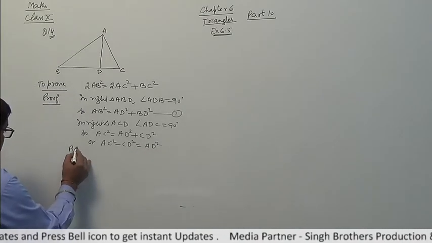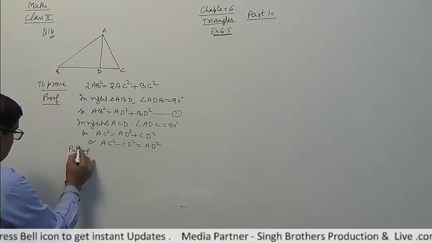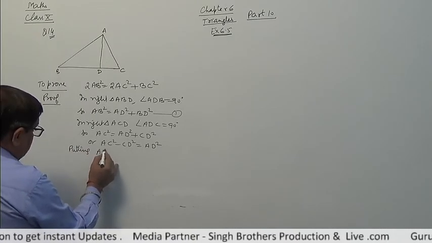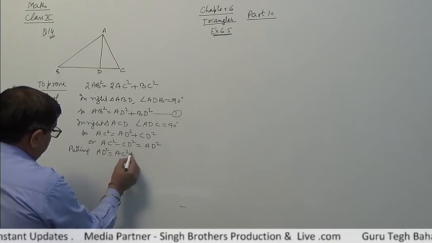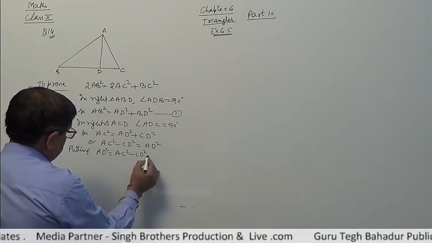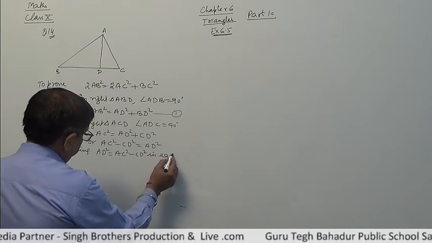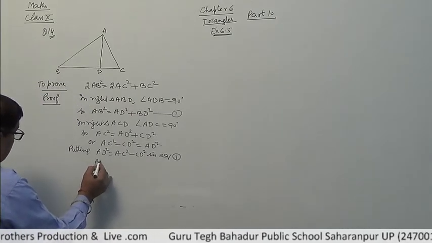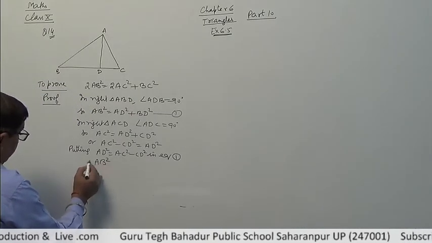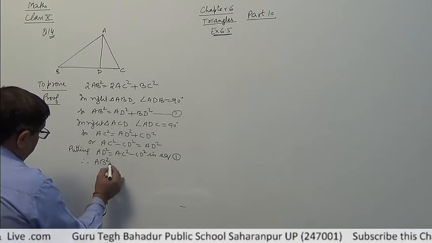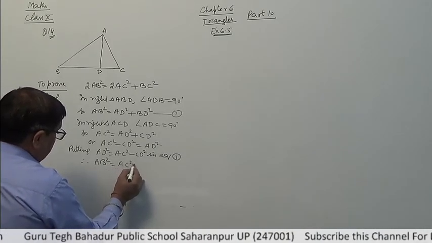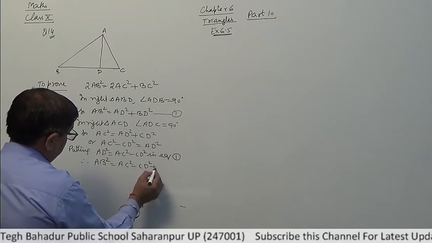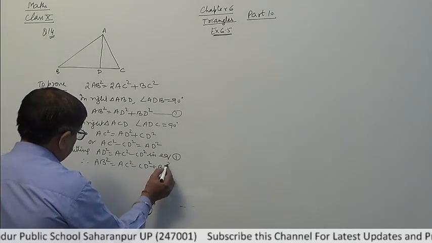Putting AD square is equal to AC square minus CD square in equation 1, therefore AB square is equal to AC square minus CD square plus BD square.